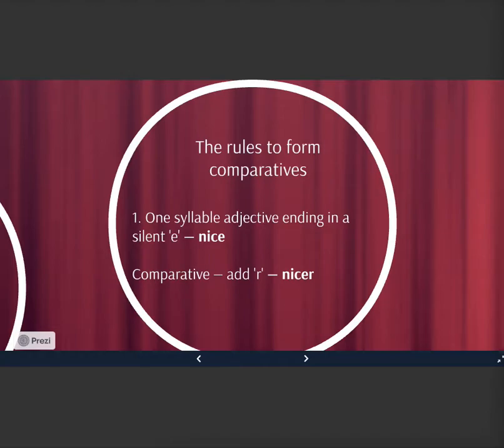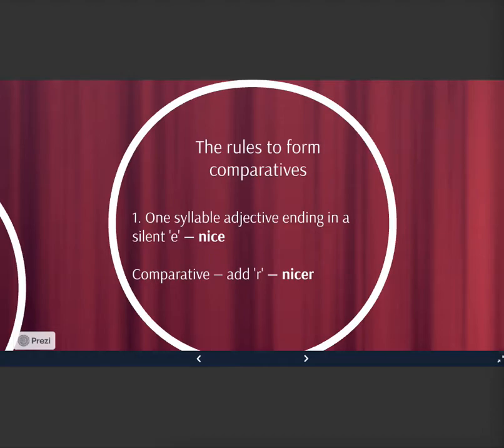Review. The rules to form comparatives: one syllable adjective ending in a silent e, nice. Comparative add r, nicer. Perfect. So, when you have adjectives, guys, with 1 syllable, like nice, una sola sílaba, and that adjective ends in e, you just have to add r.